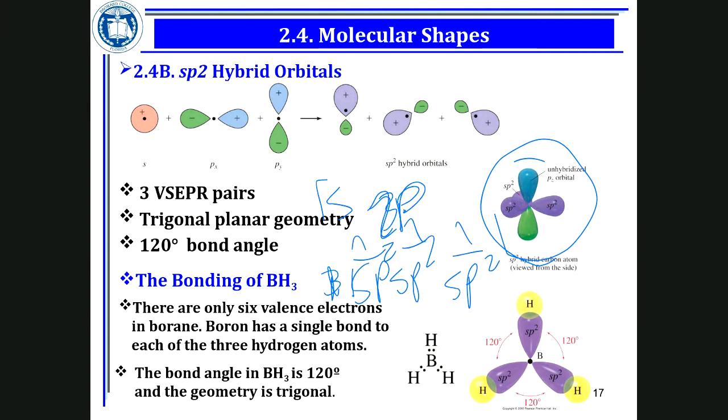As I showed you using the markers, the bond angle for sp2 hybrid is 120, and the shape is trigonal planar. If you have sp2, you are going to be left with 1 unhybridized orbital.